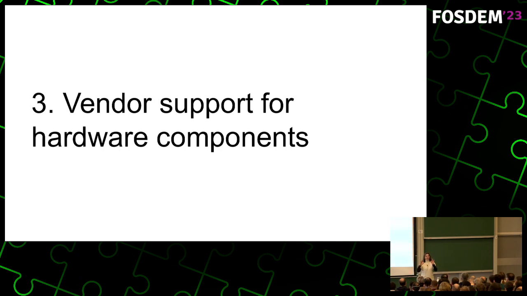But this is getting better. An example is an embedded product I was working with. They were using some quite specialized devices. Good quality. The product itself was very good quality.